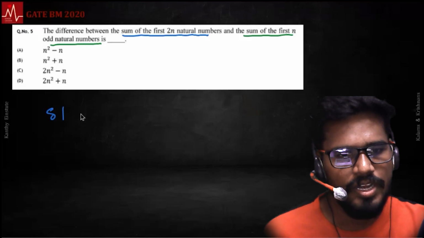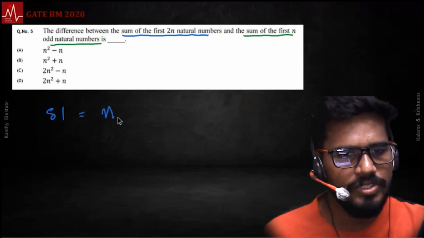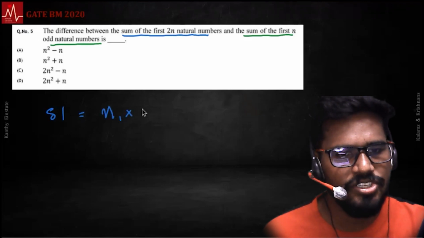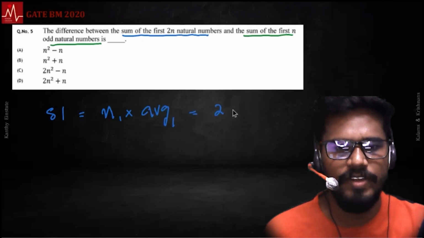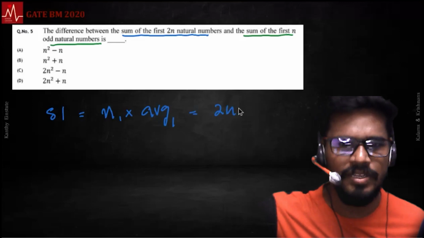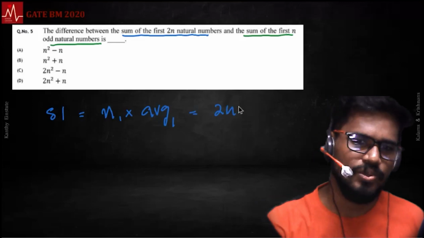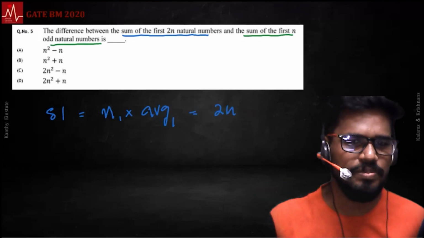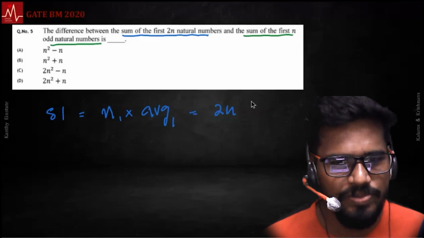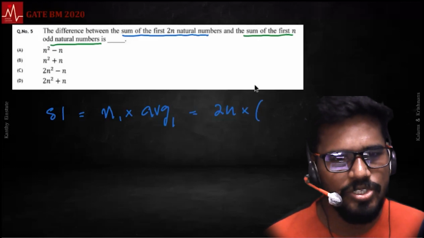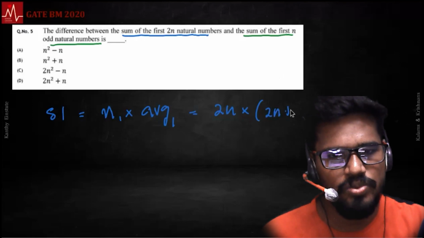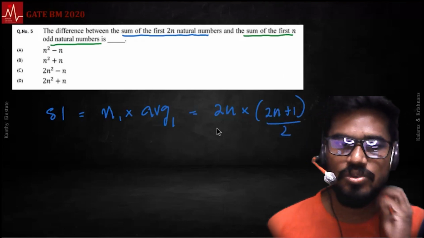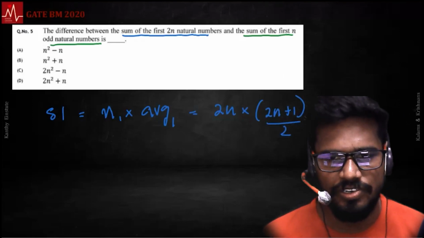Summation 1 happens to be the number of terms in that sum into the average value in that summation. Number of terms is given to be 2n.